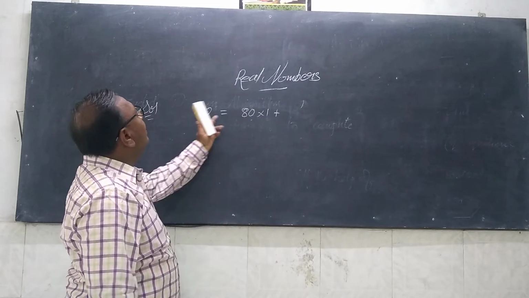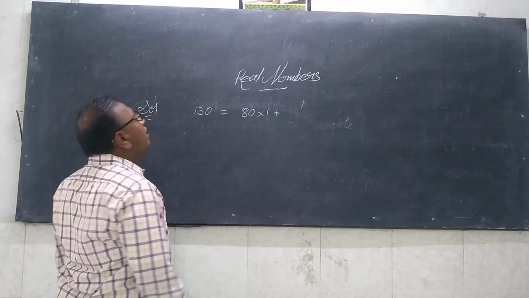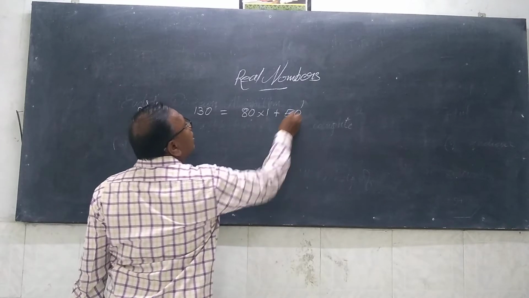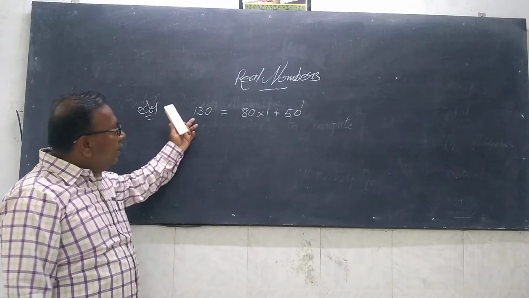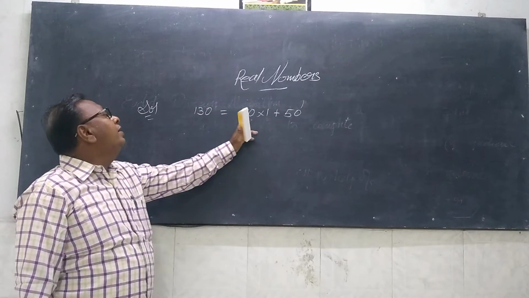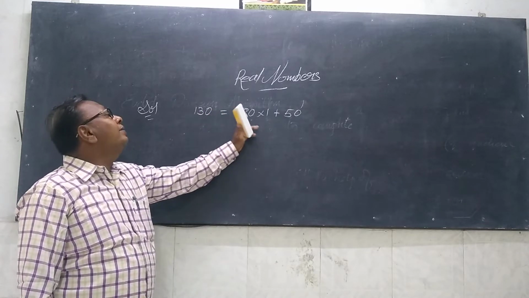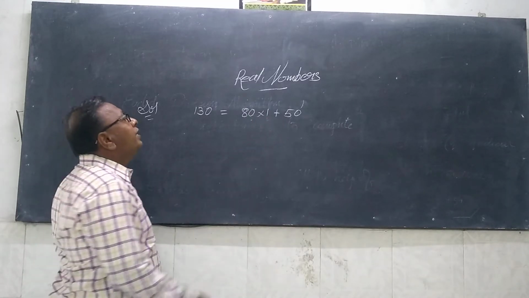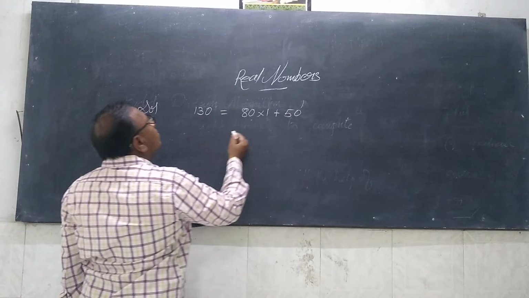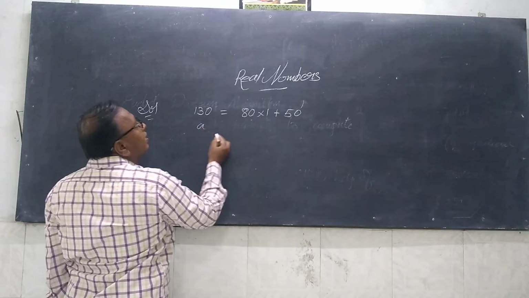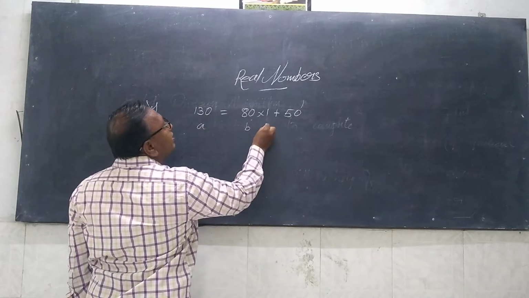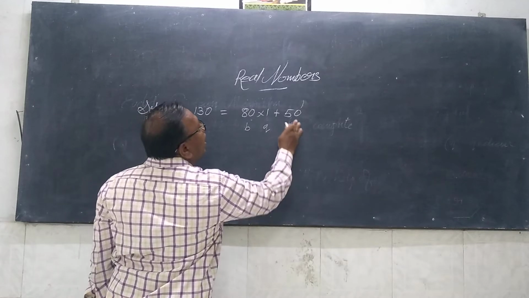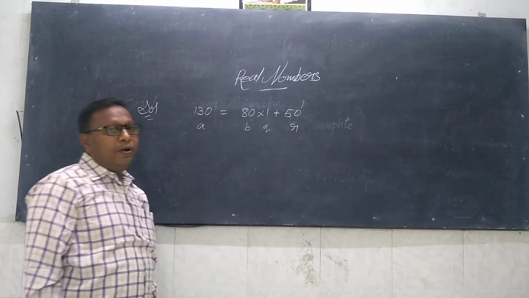So 130 minus 80, we get remainder 50. So 130 can be written as 80 into 1 plus 50. Here this 50 is the remainder. This is a, this is b, this is q and this is r. Are you able to get my point here?